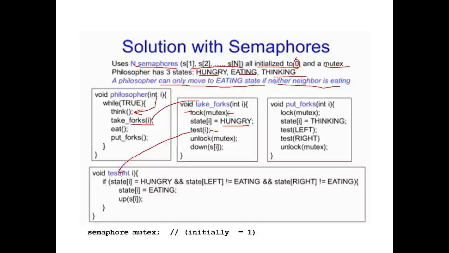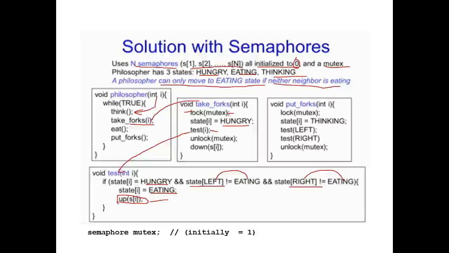In this method, the state of I of the current process is hungry, and it is also going to check whether its left and right neighbors are eating. The left neighbor should be not eating, and the right neighbor should be not eating. If this condition is true, if the current process is hungry and both the left and right processes are not eating, then that process changes its state to eating and then increments the value of synchronization.